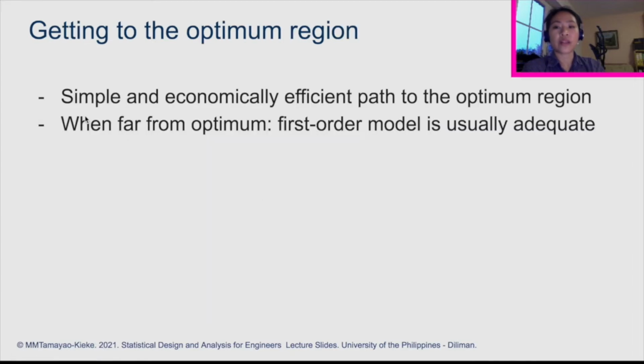So we want a simple and economically efficient path to that optimum region. All right. Now, when we are far from the optimum, as I mentioned earlier, the first order model is usually adequate. Okay, so we want to move to the optimum region in the simplest and most economically efficient way.